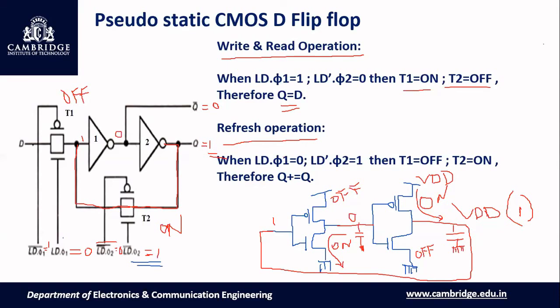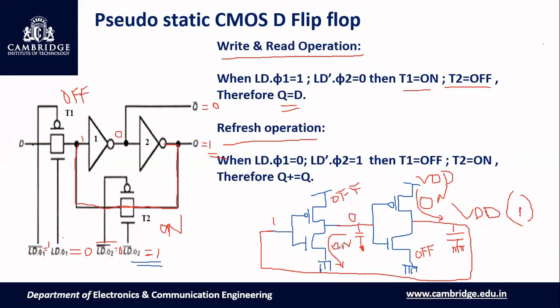In many cases, we'll be using two inverters back to back. If you use two inverters back to back, your data will be stored for a longer duration. Understood? So this concept you need to understand properly. When we apply logic 1 to the gate of PMOS, PMOS will be off. When we apply logic 1 to the gate of NMOS, NMOS will be on.